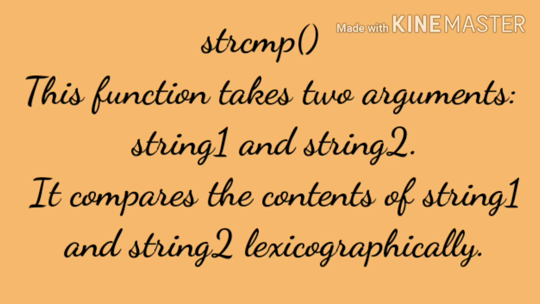The next concept is string comparison, that is strcmp. Here two arguments are there, one is string 1, another one is string 2. Compare these two strings and then produce the output. Here the comparison is based on ASCII values. The general format for string comparison is strcmp, two arguments are passed, one is string 1 comma string 2.